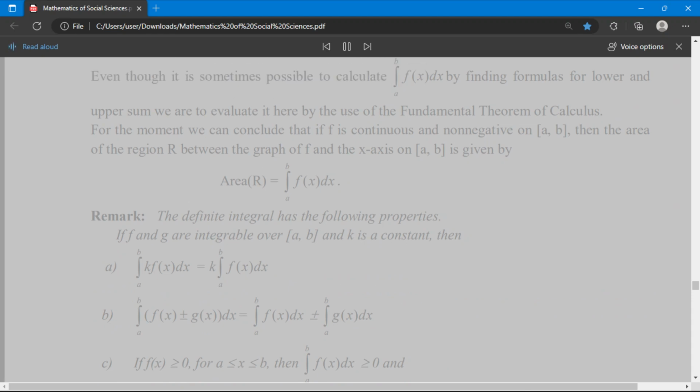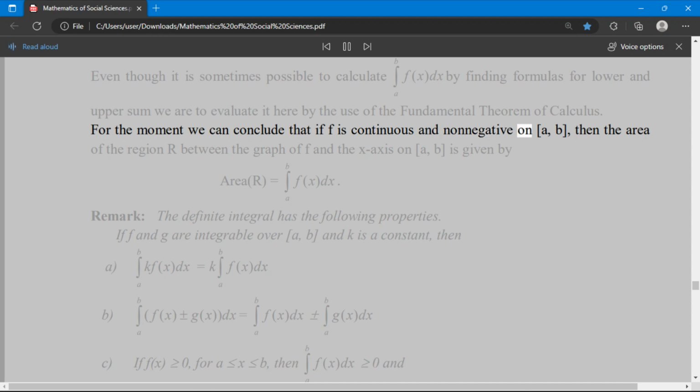Even though it is sometimes possible to calculate ∫_a^b f(x) dx by finding formulas for lower and upper sums, we are to evaluate it here by the use of the fundamental theorem of calculus.